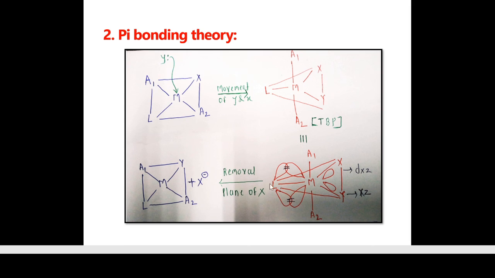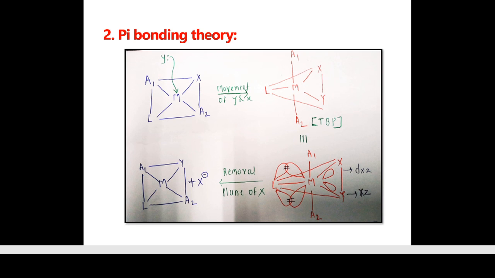But during this pi bond formation, the electron density from dxz is withdrawn away by the incoming nucleophile Y. Because of this, the MX bond becomes lengthened and weak, so X easily gets removed, and instead of X, Y is situated at this position, trans to L.